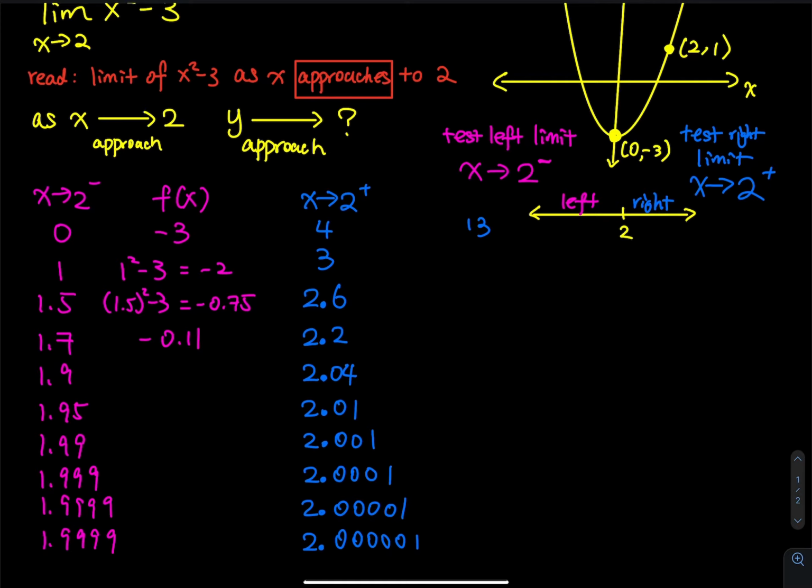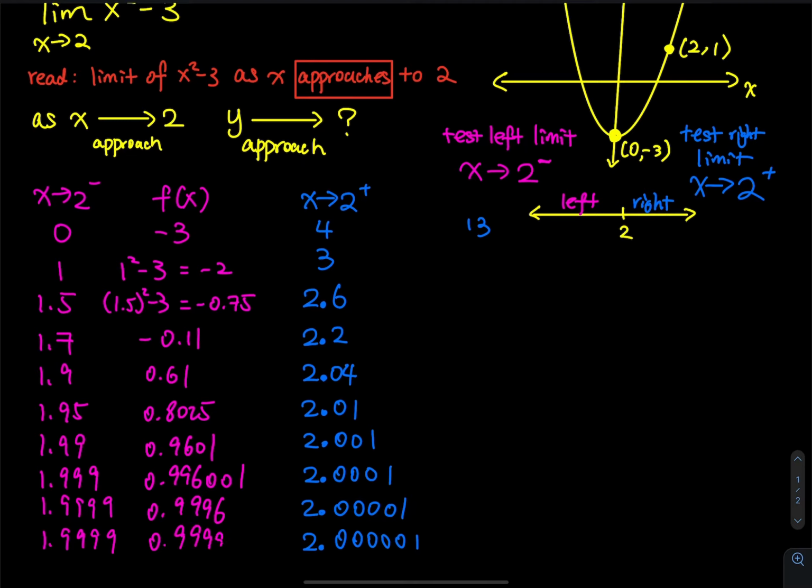1.9 squared minus 3, so we have 0.61, and then the next one is 0.8025. For 1.99, we have 0.9601, and then for 1.999, we have 0.996001, and then 2 more, 0.9996, and the last one is 0.99996.